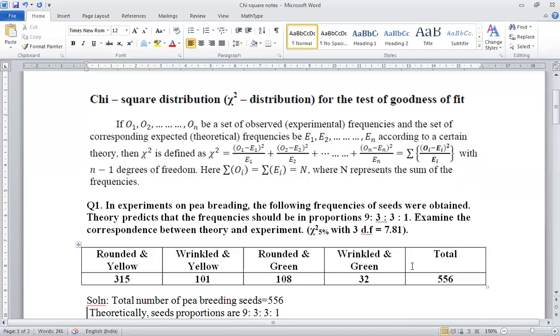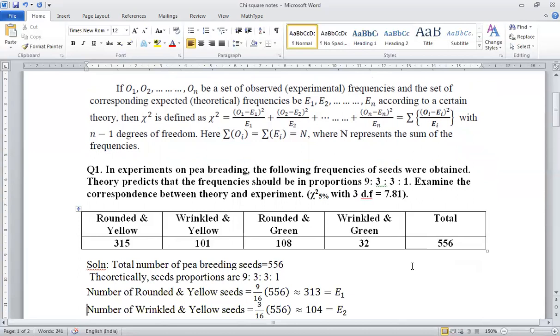Let's see how to verify whether the theoretical and experimental data are the same or not. Here the total number of seeds is 556. Theoretically, the seeds are in the proportion 9 is to 3 is to 3 is to 1.